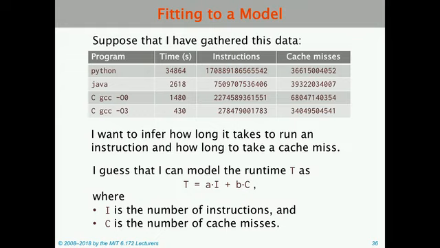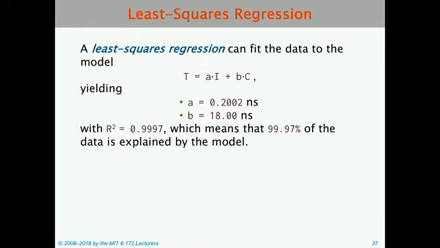The last thing that I want to talk about, which I won't go into in depth, is fitting to a model. This is the issue of sometimes you measure things, but you're interested in a derived statistic. In this case, we gather some time, count instructions, count cache misses, and ask what I can estimate as the instruction time and what is the cache time. To do that, you do a least squares approximation.